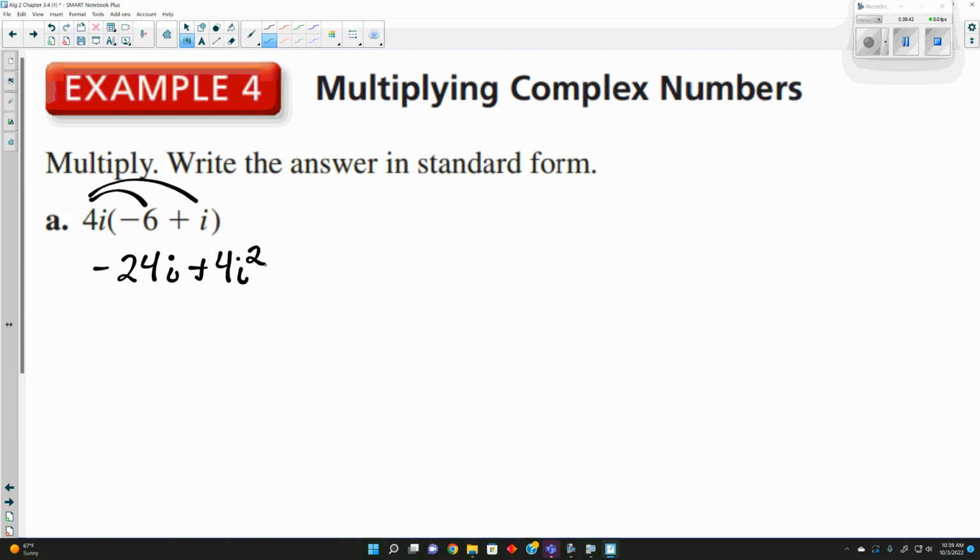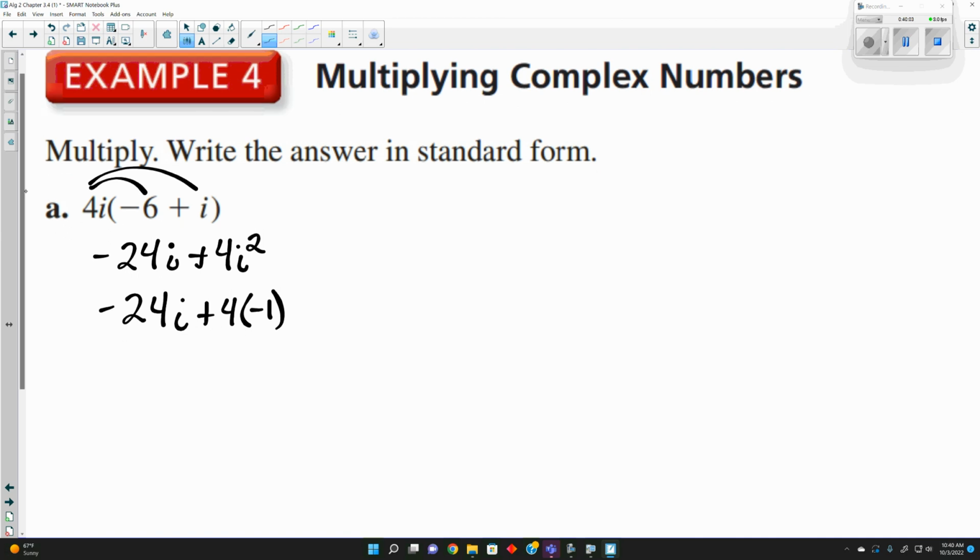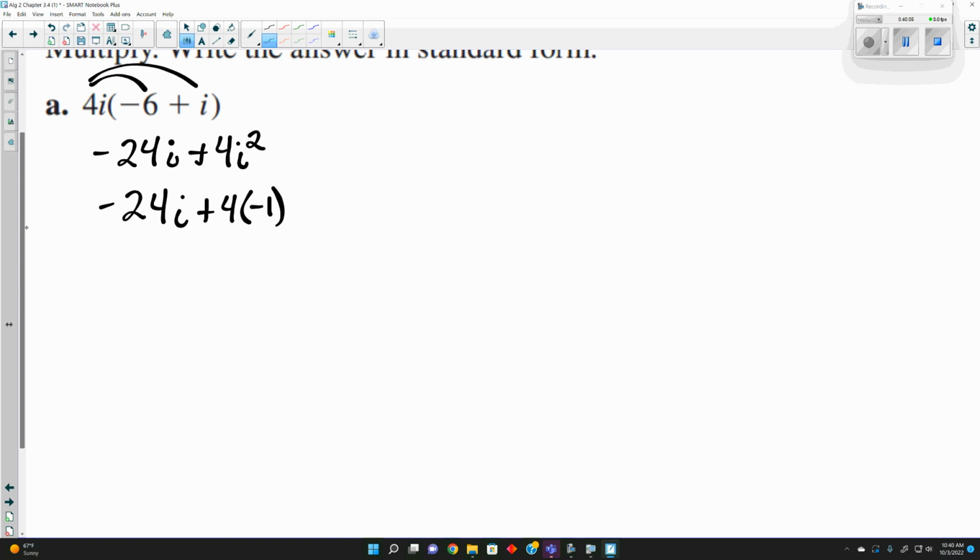Now, we can't leave i as i squared. So we'd have negative 24i plus 4 times negative 1. Because i squared is our negative 1.